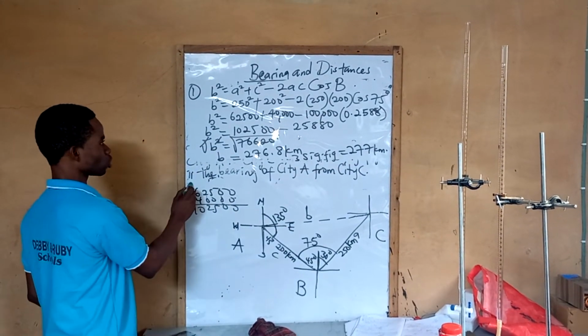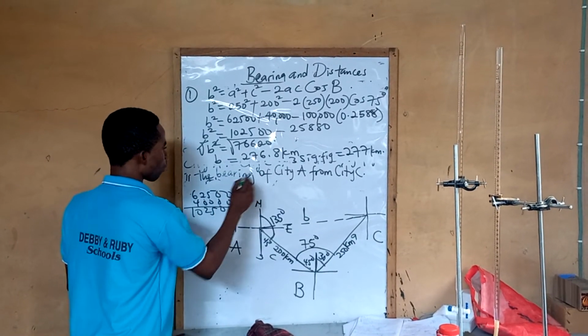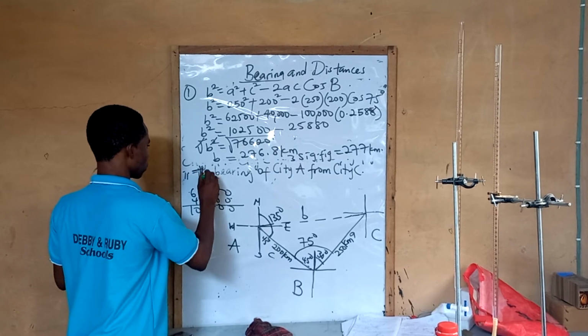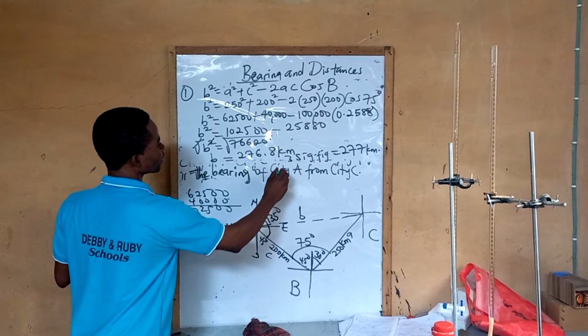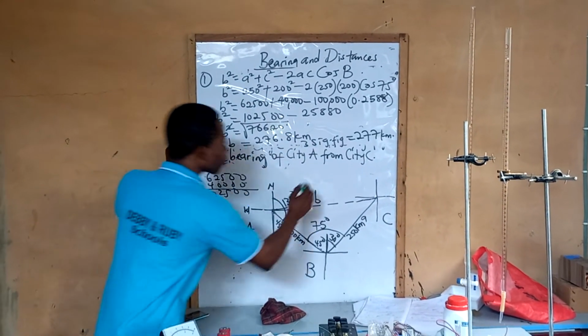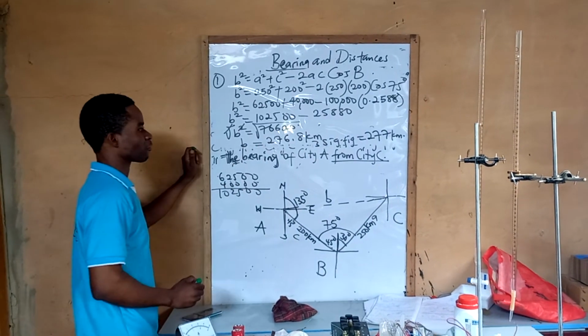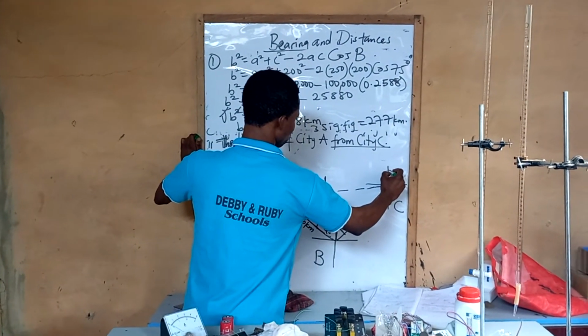Now look at figure 2. They ask us to find the bearing of city A from city C. Take note of that: from city C. So that means you are coming from city C, so you start from the north.